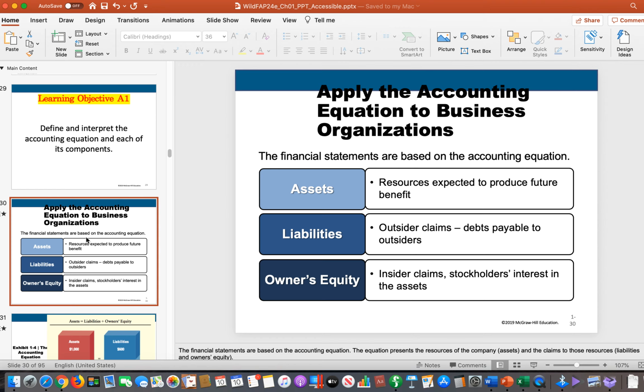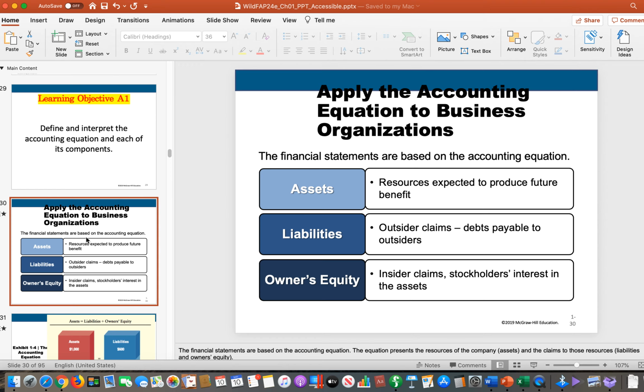First of all, we're going to talk about the financial statements later, but you have to know what is an asset, what are liabilities, and what's owner's equity. Well, to put it in these terms here, and then I will simplify them.